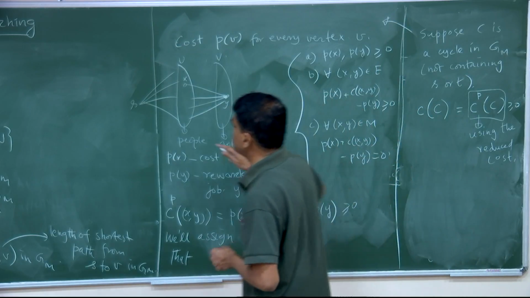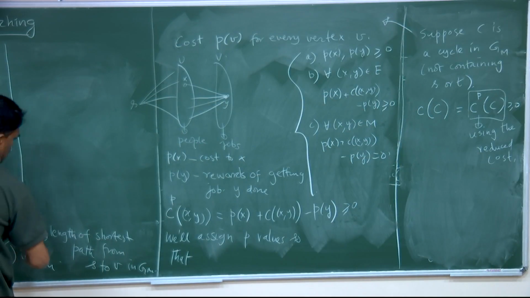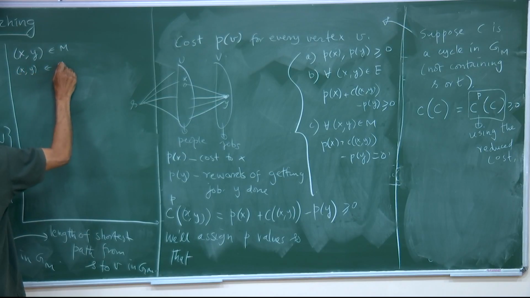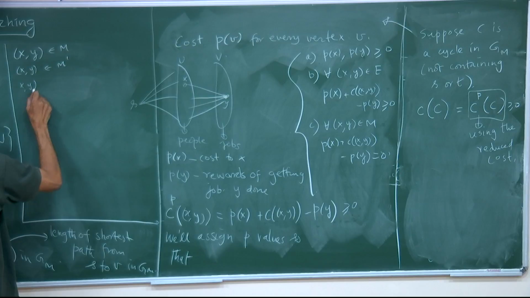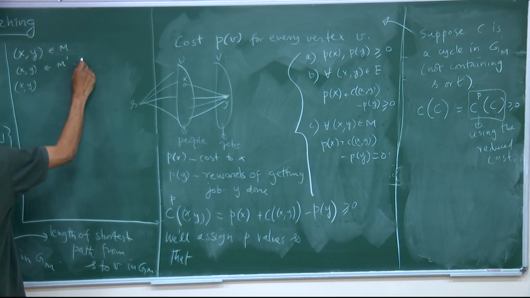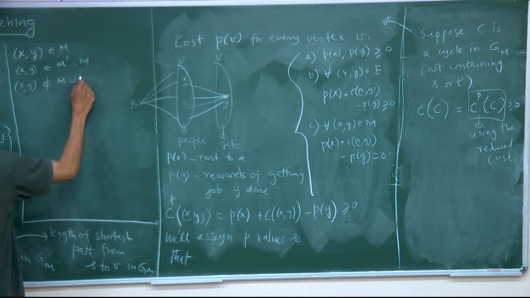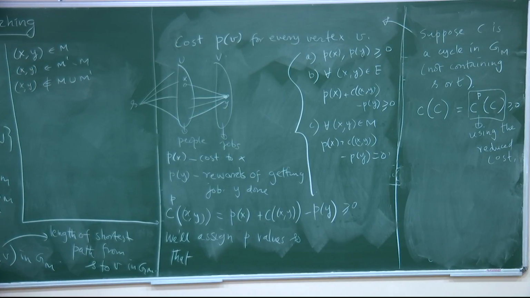Okay, so we'll see this. 3 cases: xy is in M, xy is in M prime minus M, and xy in the remaining edges. I want to make sure that if it is in M, what happens? If it was in M prime but not in M, and if it was in neither M nor M prime, what happens to these conditions is what I want to find out.